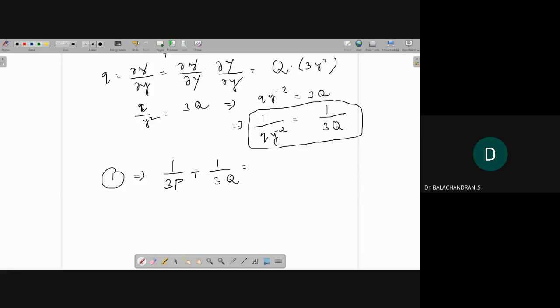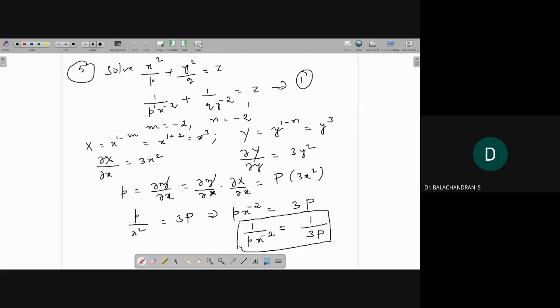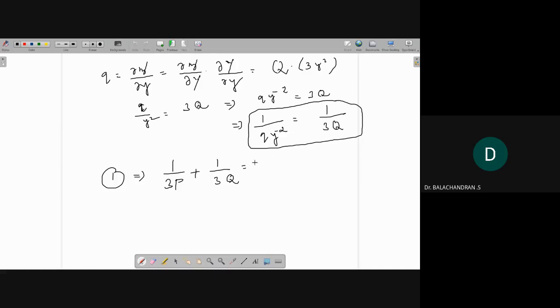The right hand side is small z. So now this is of the form function of z, p, q. So 1 by capital P plus 1 by capital Q equal to 3 into z. We call this equation 2.